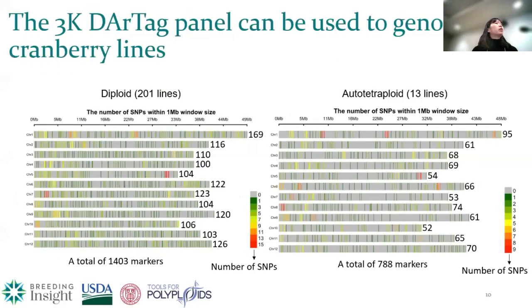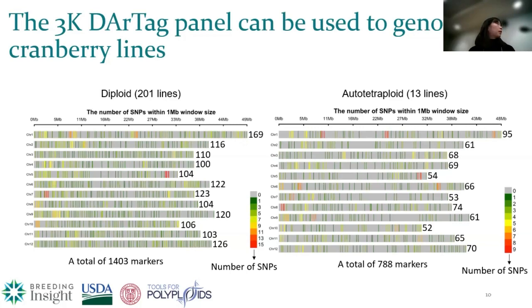After filtering for MAF and missing rate, a total of 1,403 markers were returned in the diploid diversity cranberry panel with 201 lines. But if we push the limit of the 3K marker panel to genotype the auto-tetraploid diversity cranberry panel, we found only 788 markers were returned after filtering for MAF and missing rate.